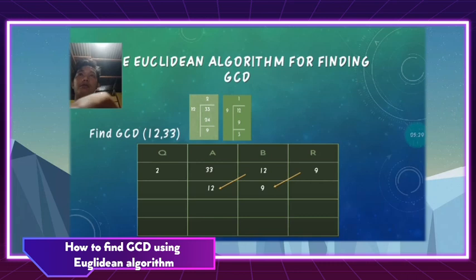So 1 is the quotient and 3 is the remainder.